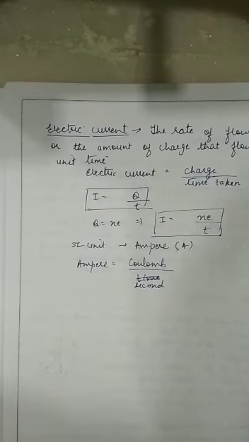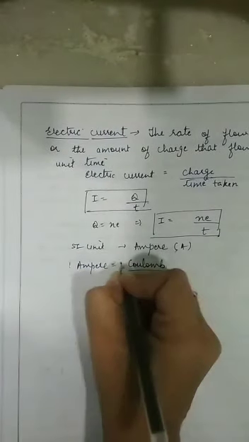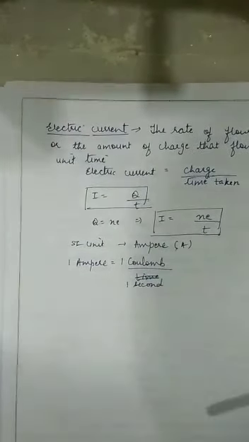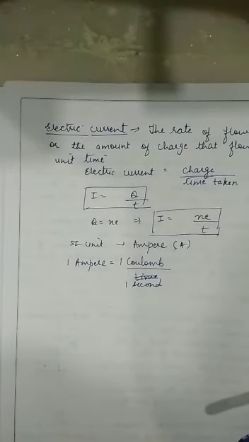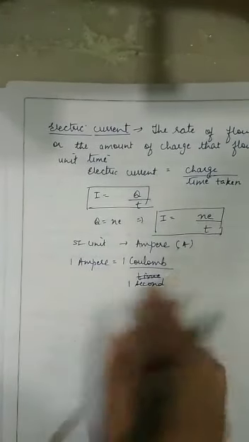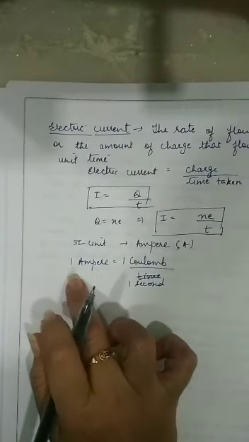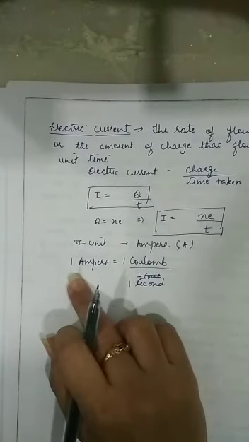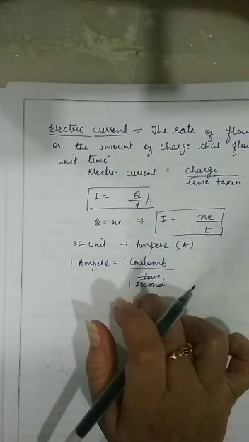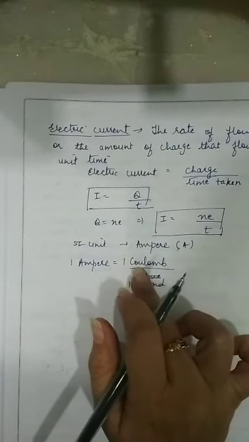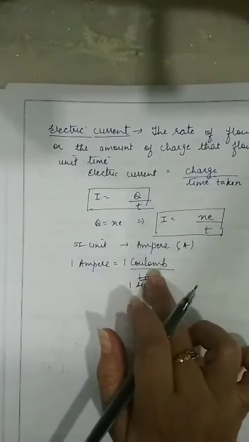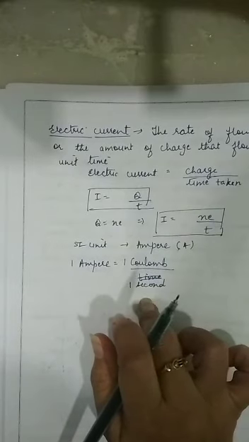If we substitute 1 coulomb and 1 second, we can say the current passing through a conductor is said to be 1 ampere if 1 coulomb of charge flows through any cross section in 1 second.